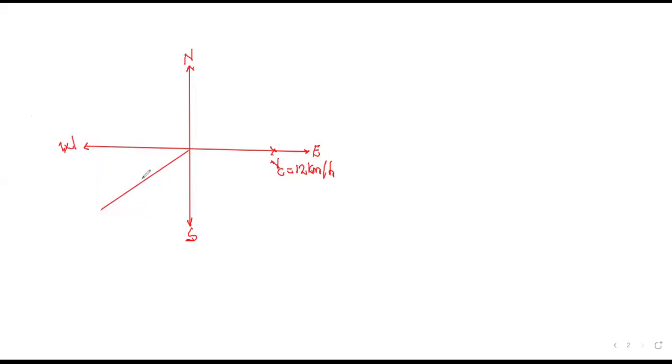And it is blowing from southwest. Wind is blowing from southwest at 5 kilometers per hour. This is the velocity of the wind.